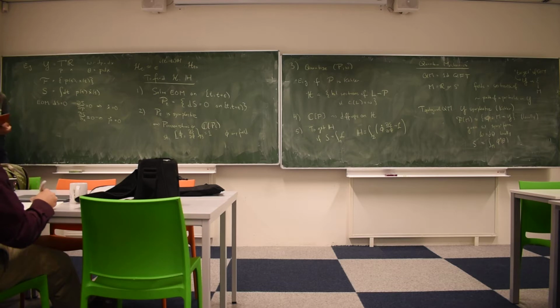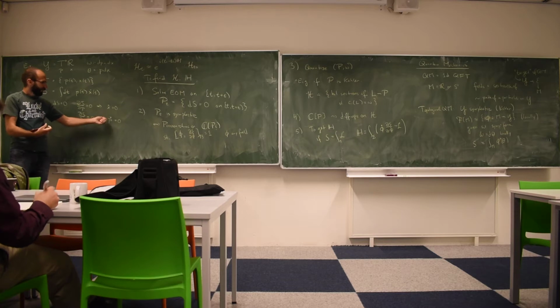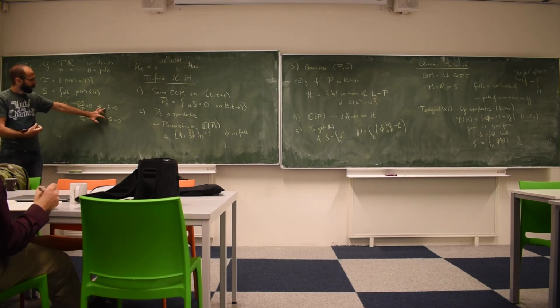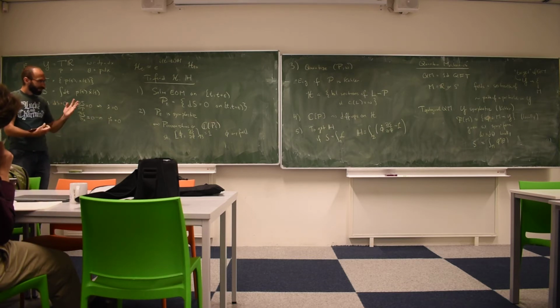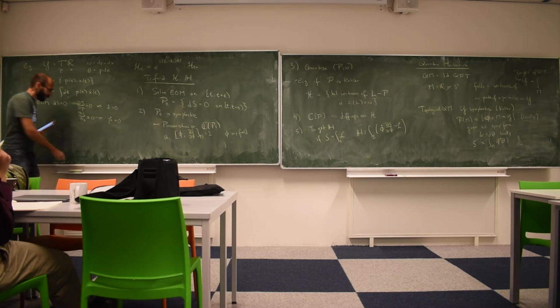So that'll set p dot to 0. So classically, this is a theory where nothing is happening. We have a particle that starts at some values of x and p, and it doesn't move, which is good because I want a topological theory.